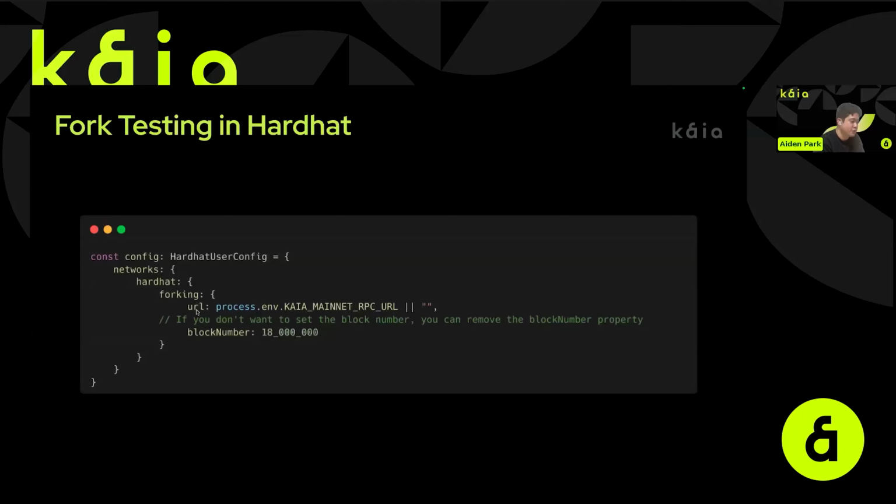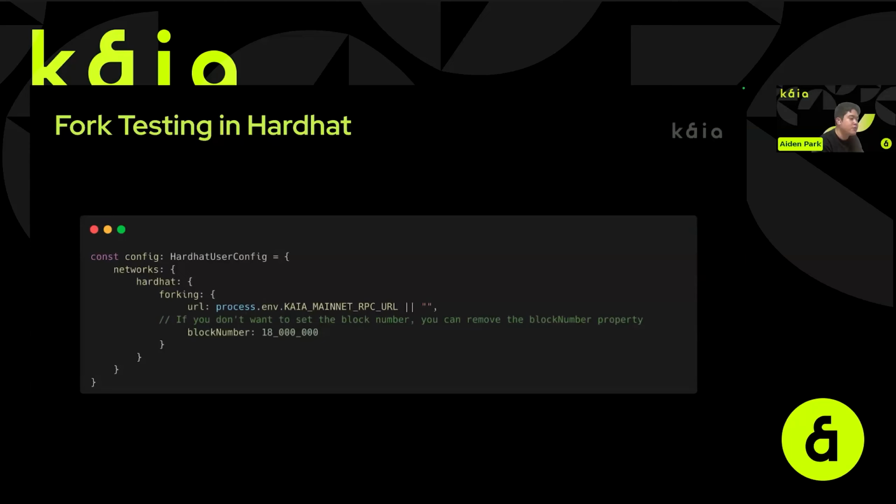You can set the URL to test on Kaia mainnet states, and you can set the specific block number that you want to test against.